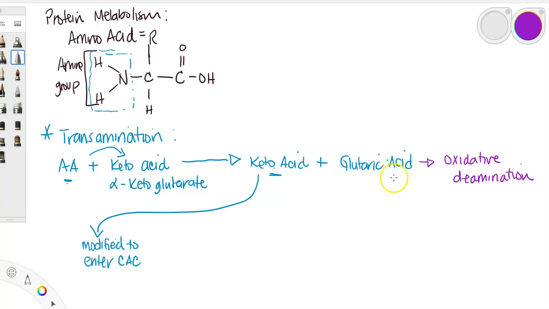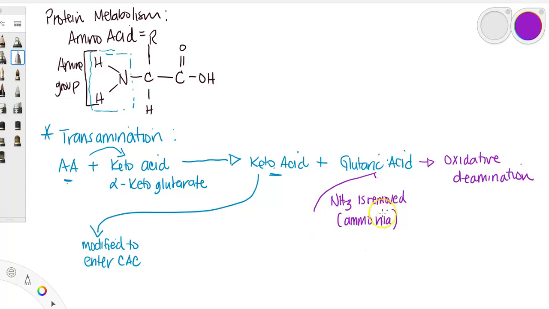Okay, so in oxidative deamination, the nitrogen is removed as ammonia. So it's removed as NH3, and NH3 is ammonia, which is really toxic to the body.